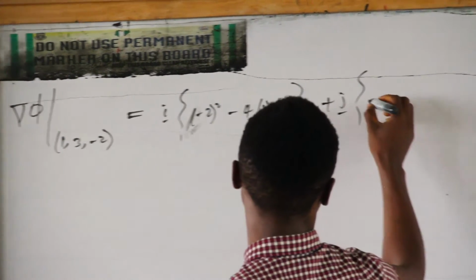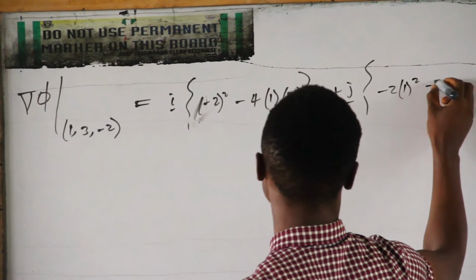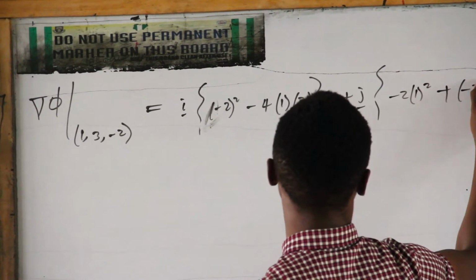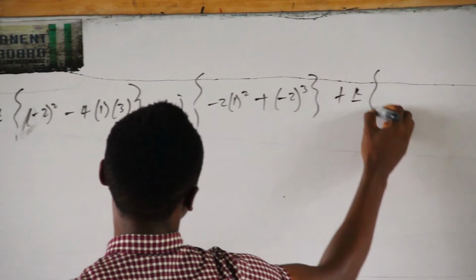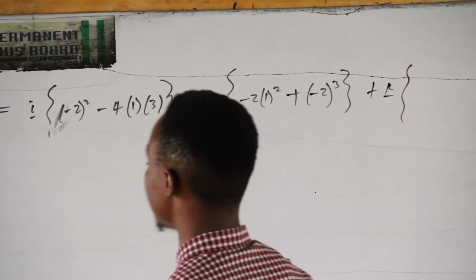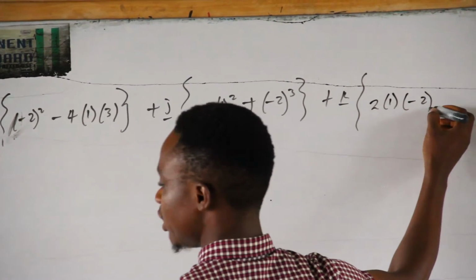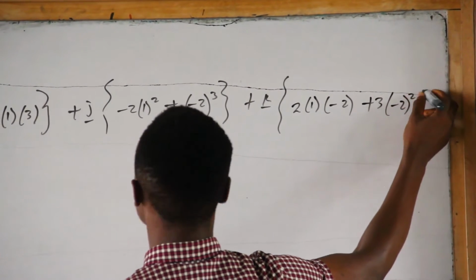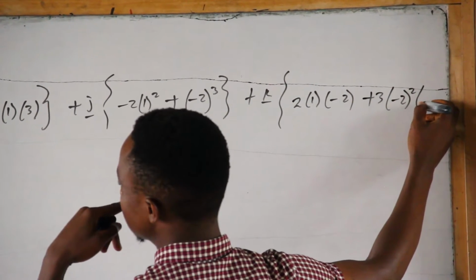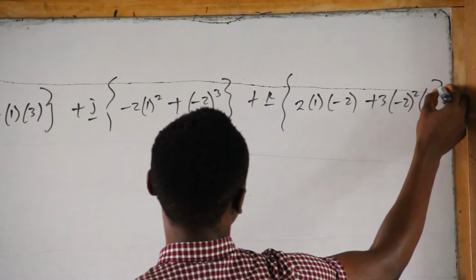This is going to be -2 times x, which is 1, all squared, plus z, which is -2, to the power 3. Then plus k times 2x, that's 2, x is 1, z is -2, plus 3 times z, which is -2, squared, and y is 3.